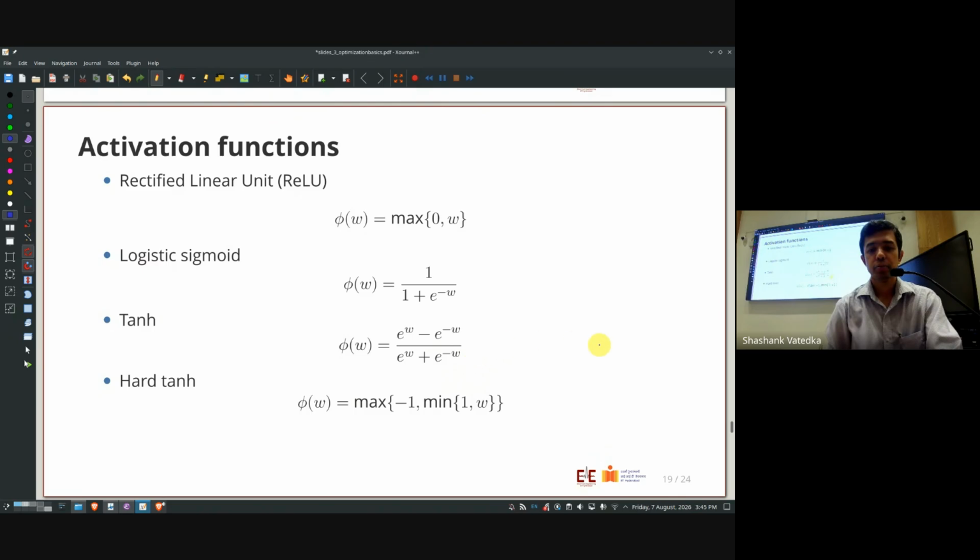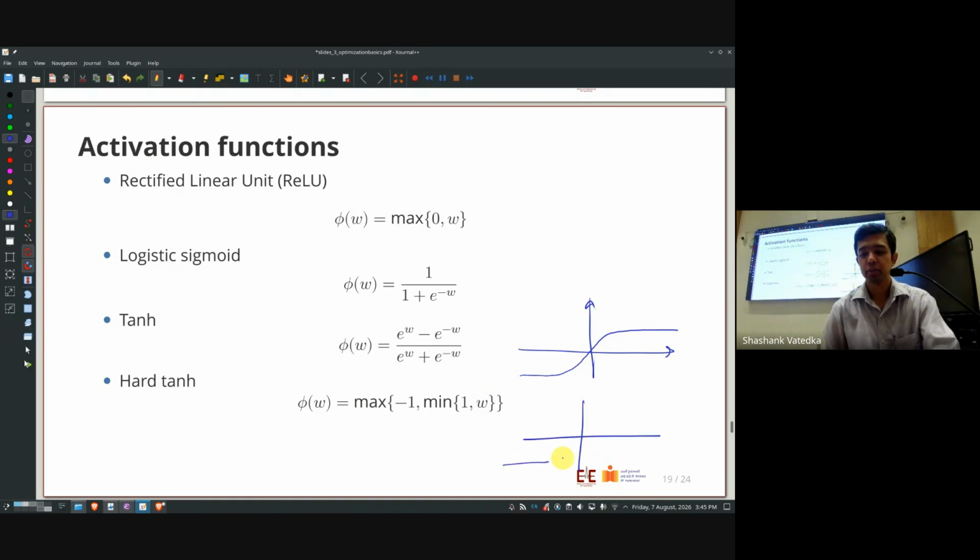All right. So the tanh looks something like this. It's a smooth twice differentiable function, whereas the hard tanh essentially looks something like this. Again, this hard tanh is not differentiable at all points.